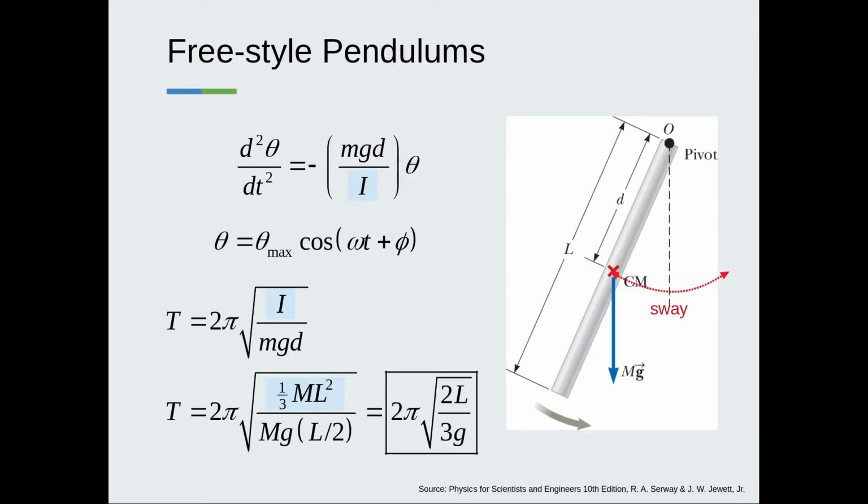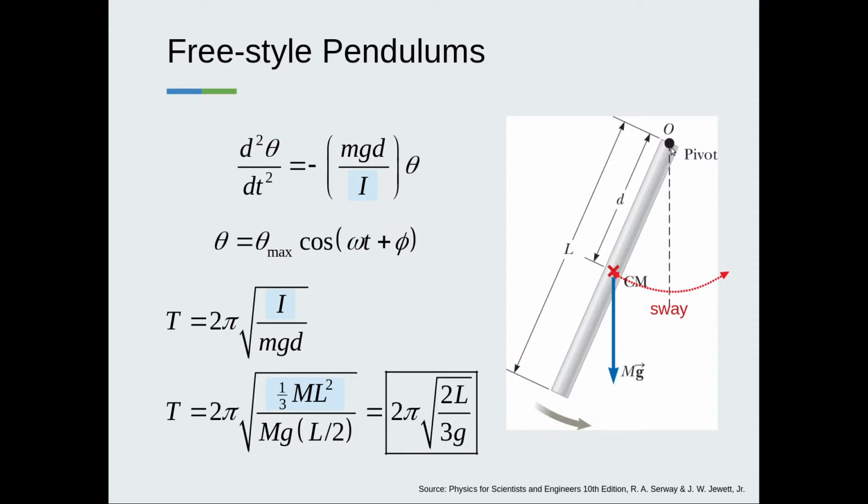And here's another example. If you have a rod, a stick, fixed on one side, and the stick is swinging, here's just another example. Just take this one. So this is the differential equation, and this is our solution. Now the thing is, what is I?